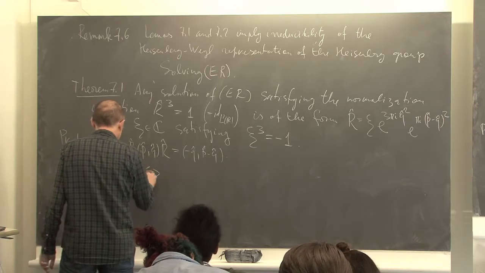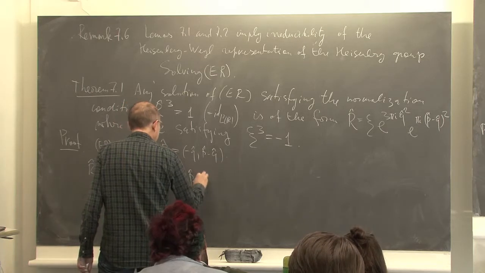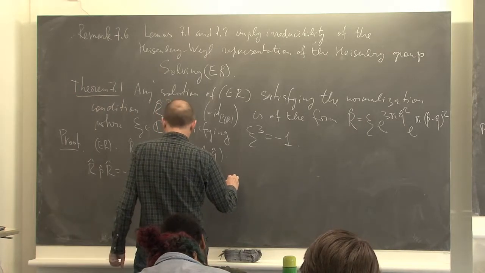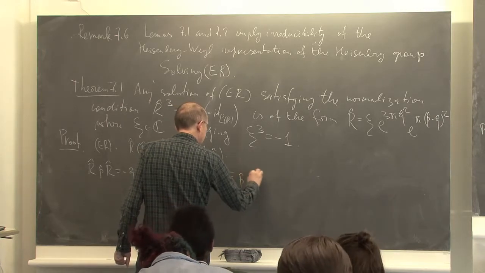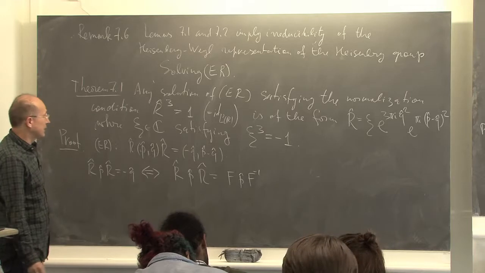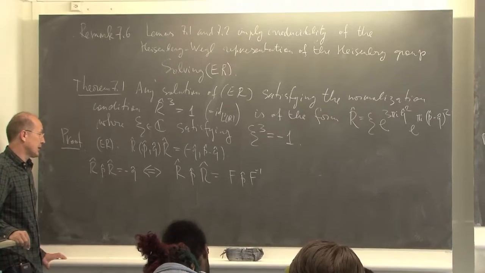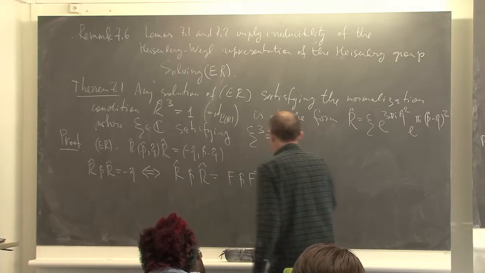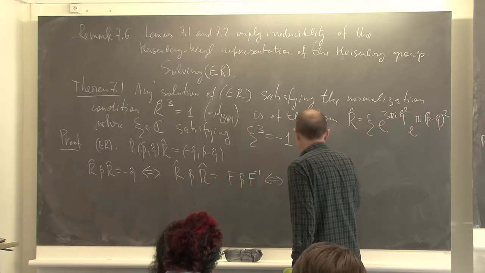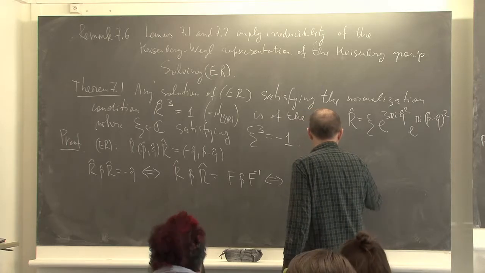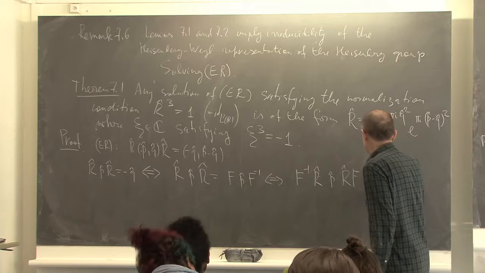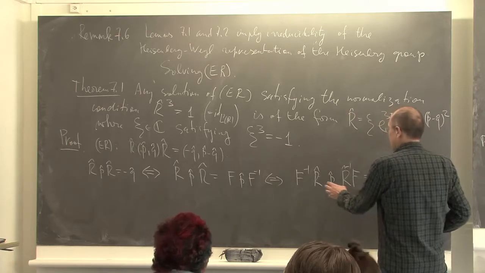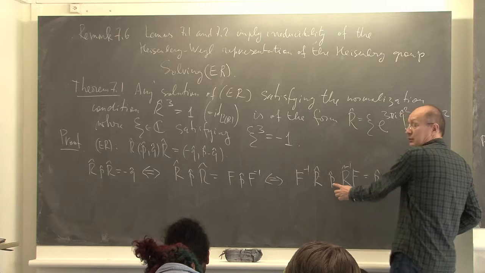So this is the same as R hat P hat R hat inverse equal Fourier conjugates P hat. But if you look at the Fourier operator, then the conjugation of P by F gives exactly minus Q. And this is equivalent, we put together Fourier inverse times R hat, P hat, R hat inverse times Fourier is equal to P. So we see that F inverse times R commutes with P.